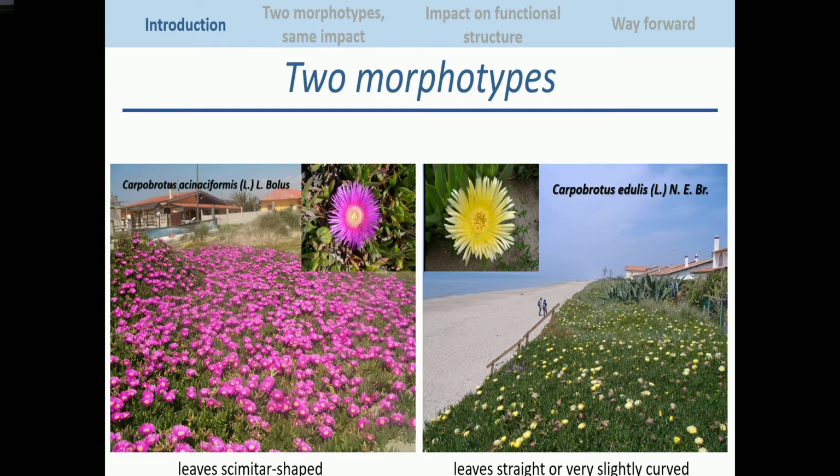While edulis has mostly yellow flowers, and the leaves are much straighter, sometimes bigger, and more symmetric, more of an equilateral triangle when you see its section.